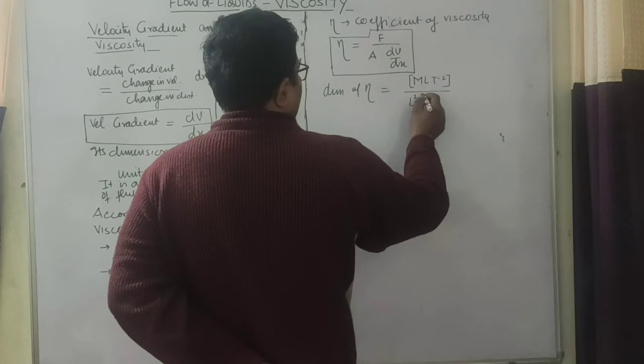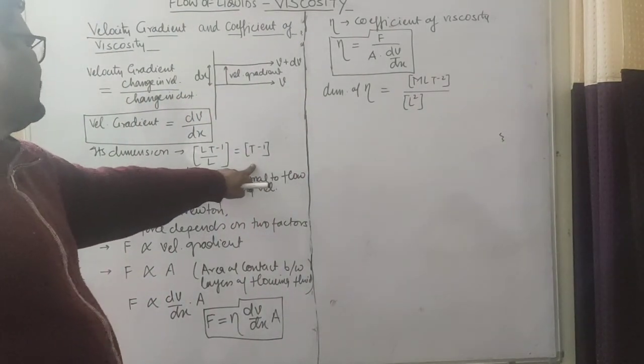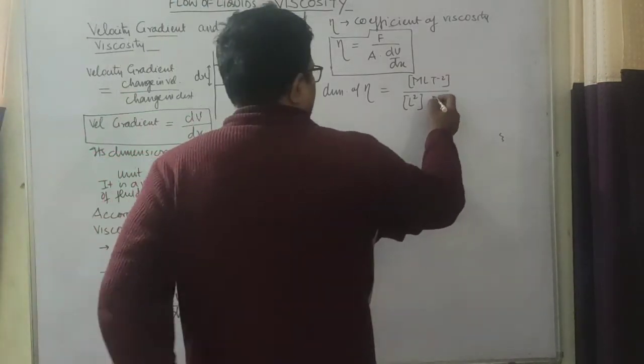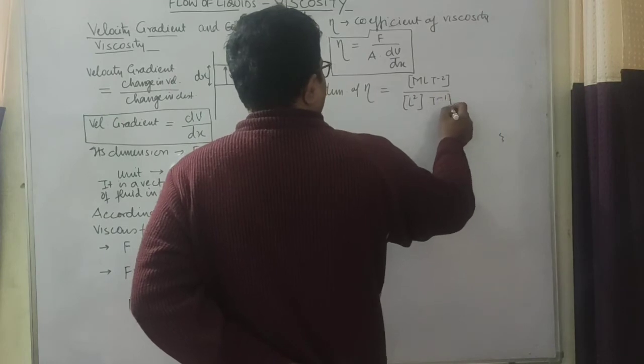Area is L square, and I have already given you dimension of velocity gradient, so it is T minus 1.